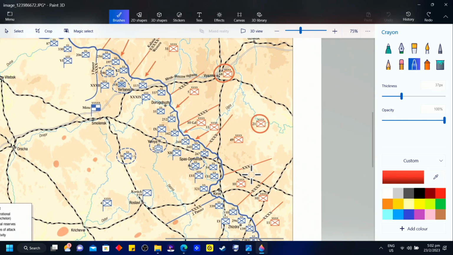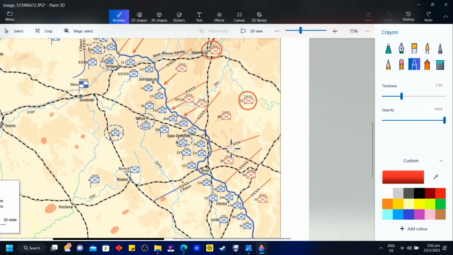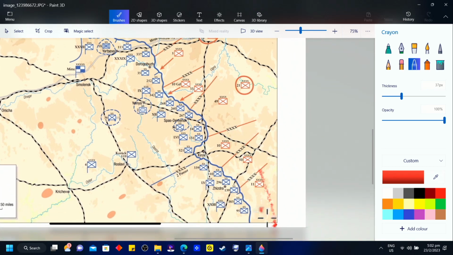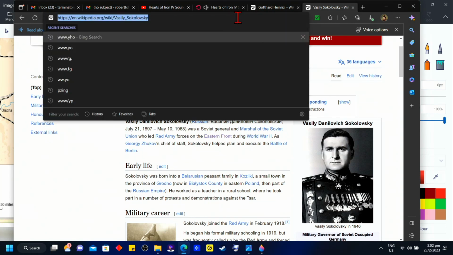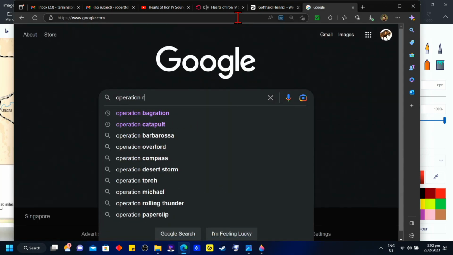Okay, let's analyze the armor formation that the Soviets had for this offensive. Unlike the Zhukov offensive against Army Group Center in 1942, the Western Front was provided with much less armor because most of the armor was sent south to support Operation Kutuzov and Operation Rumyantsev. How to pronounce it?